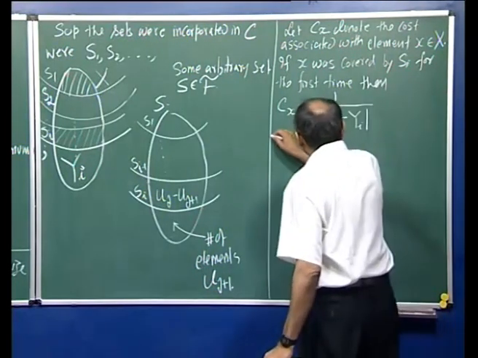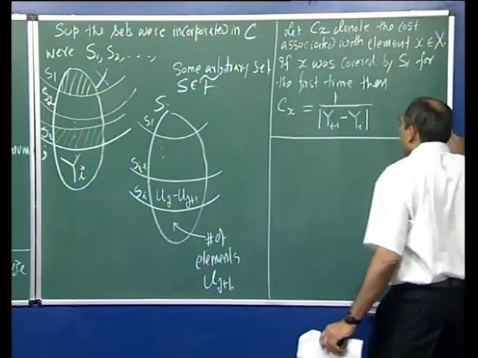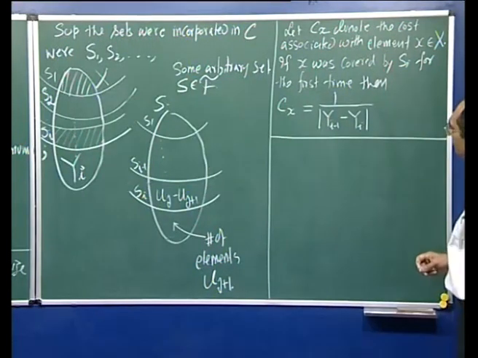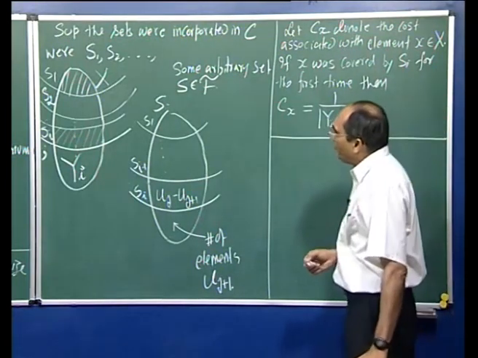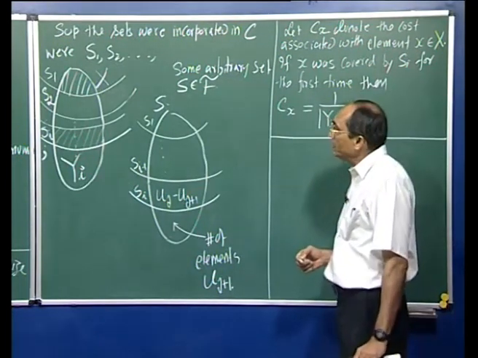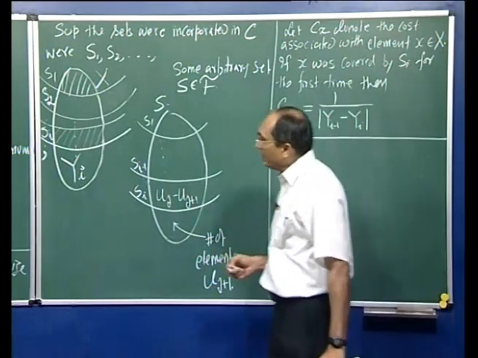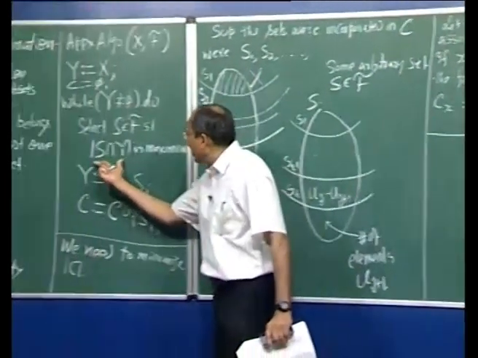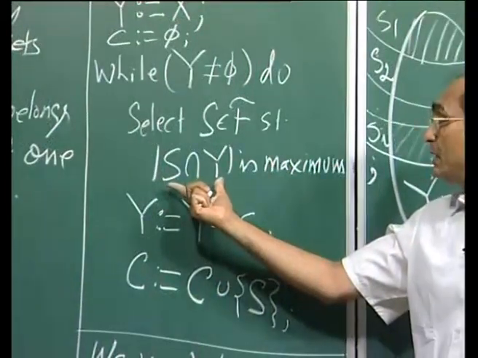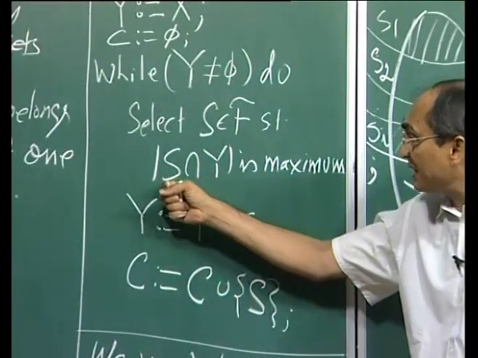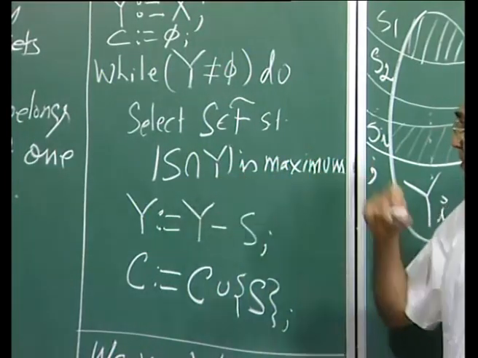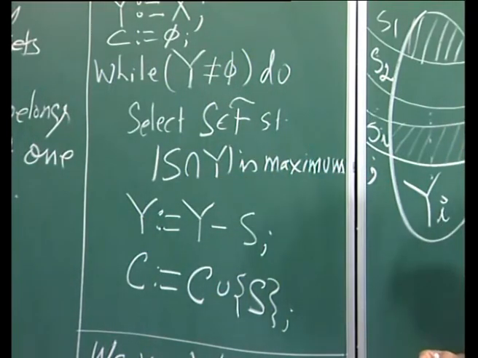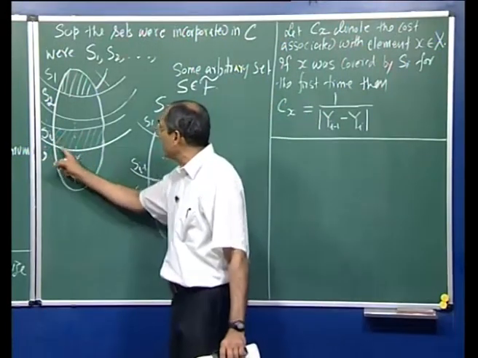Now, with this, we are going to make one observation. Well, before SI was chosen, what we did is we checked with every set how much is that set going to cover from the remaining elements. Indeed, SI was promising this much.